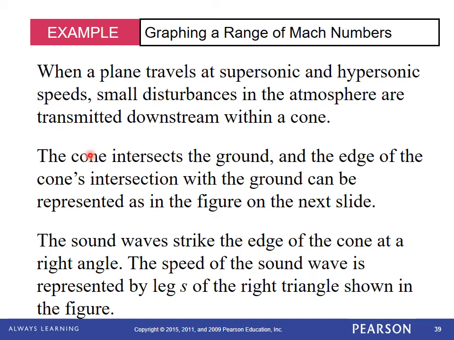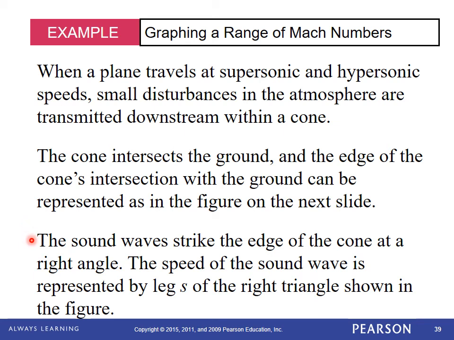When an airplane travels at supersonic or hypersonic speeds, so that means they're traveling at the speed of sound or beyond the speed of sound, small disturbances in the atmosphere are transmitted downward within a cone. So the cone intersects the ground, and the edge of the cone's intersection with the ground can be represented in the figure in the next slide. We'll see that in just a bit here.